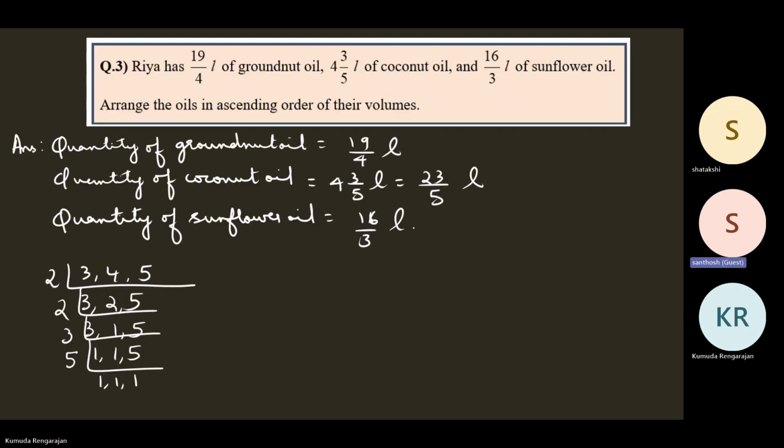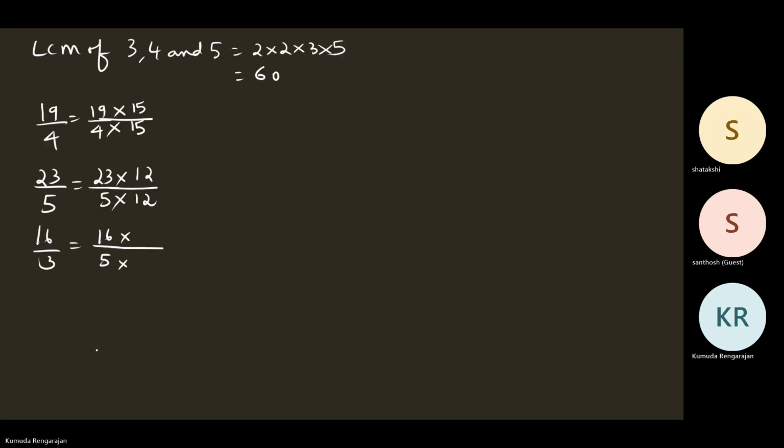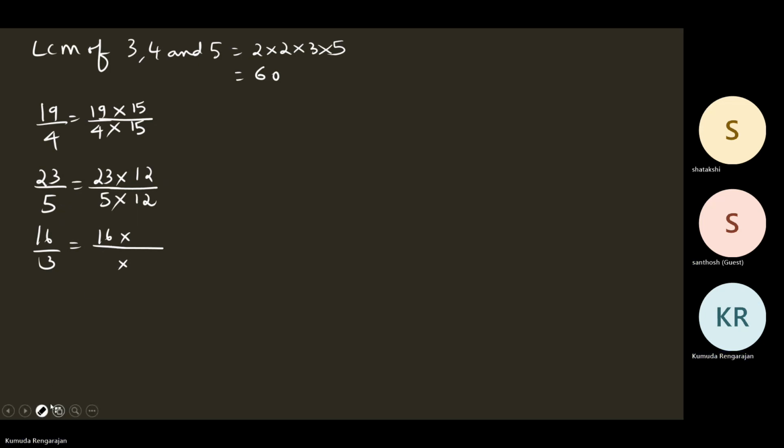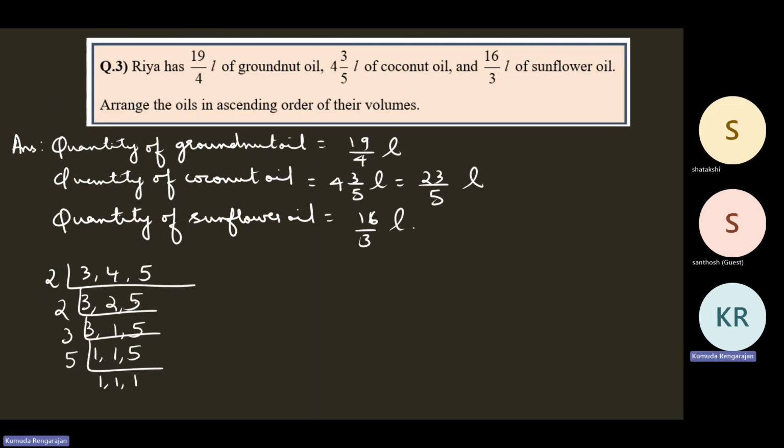Ma'am, you wrote 16 by 5 on that. Oh, yeah, sorry. 16 by 3, the denominator is 3. So you should find the product of the remaining numbers, 4 fives are 20. So we have to multiply both by 20.